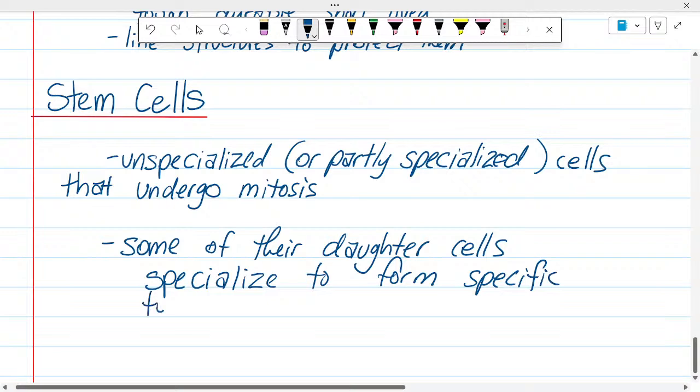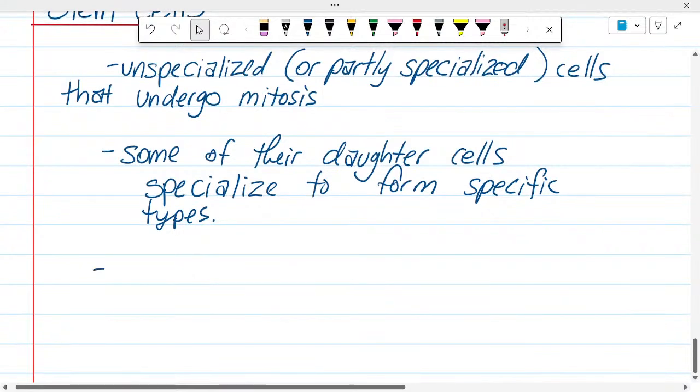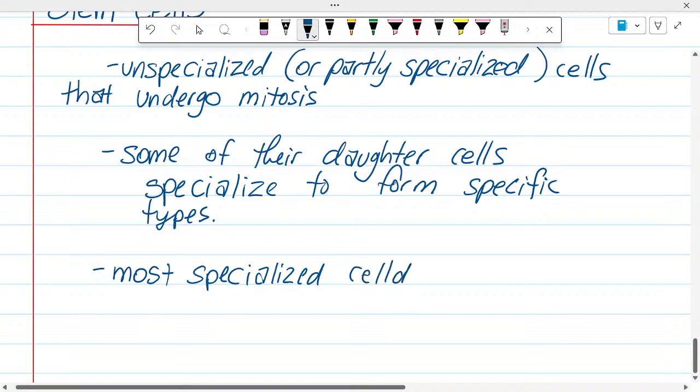And the note there would just be that most specialized cells do not undergo mitosis. Fun fact about cells, it's spelled with an S, not a D.